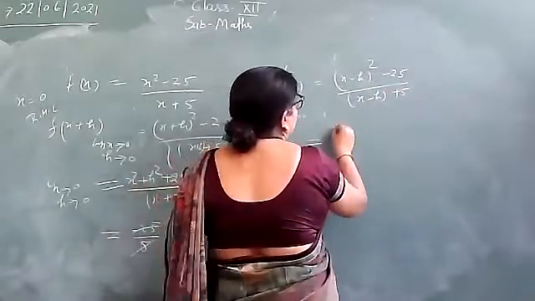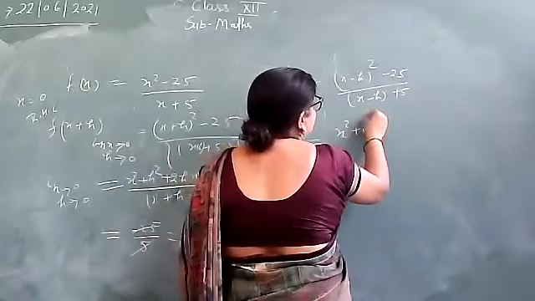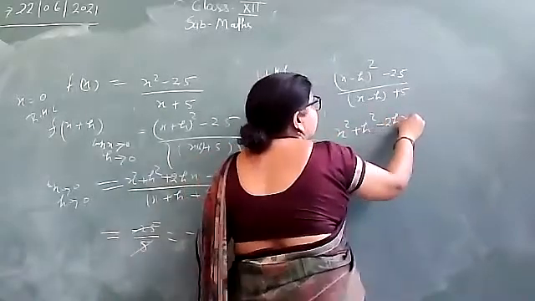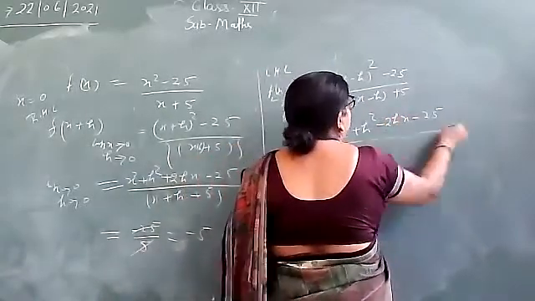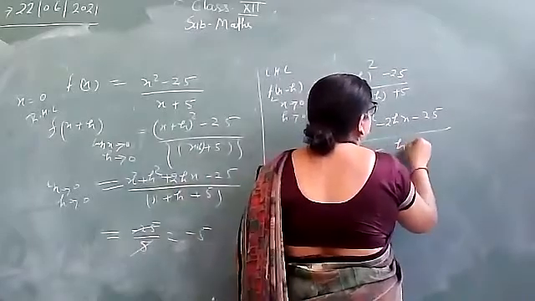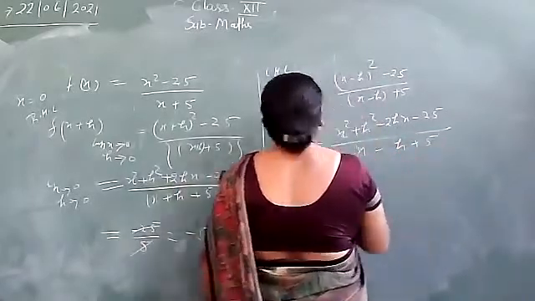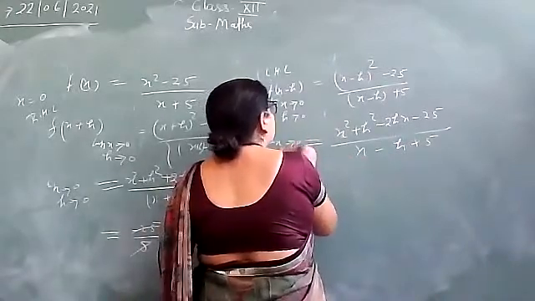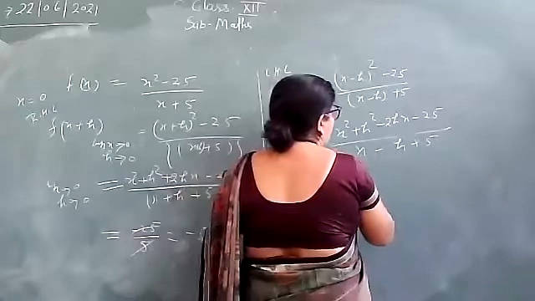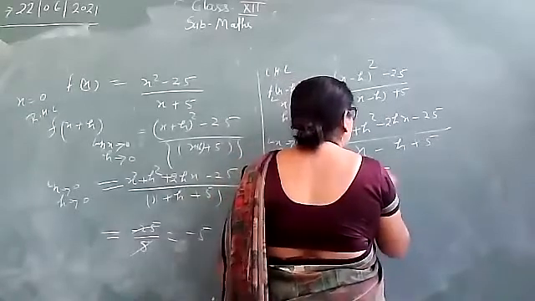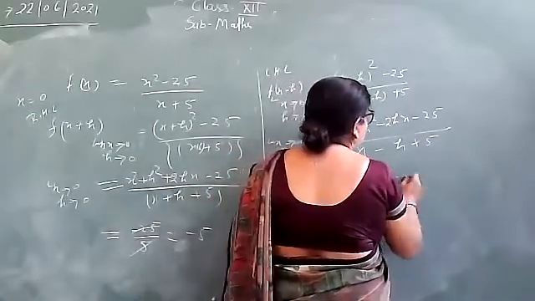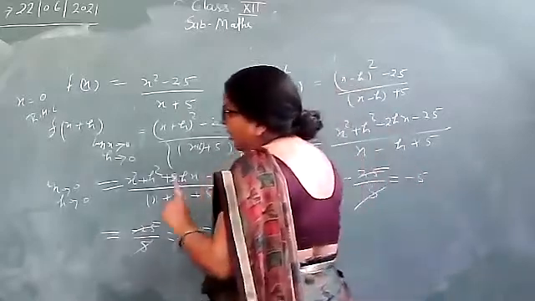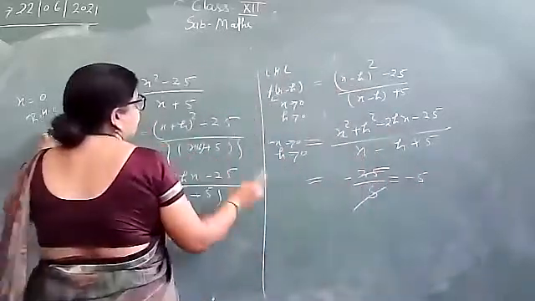Now x square plus h square minus 2hx minus 25, here x minus h plus 5. We put the value, limit x tends to 0. Final minus 25 upon 5. Here is minus 5. Now we saw LHL and RHL are equal.